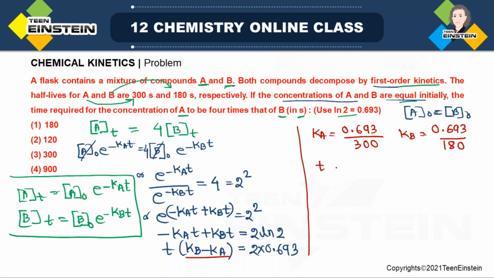So T, then we can take 0.693 common, so it will be out of the bracket. 0.693 multiplied by T, first Kb, then Ka, equal to 2.2 into 0.